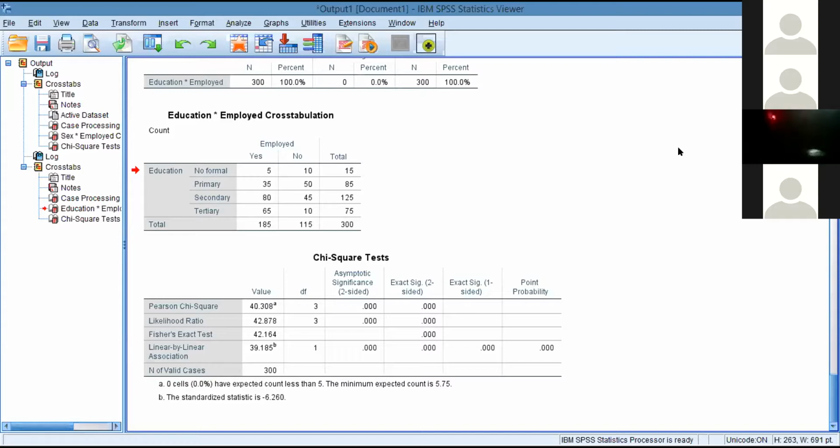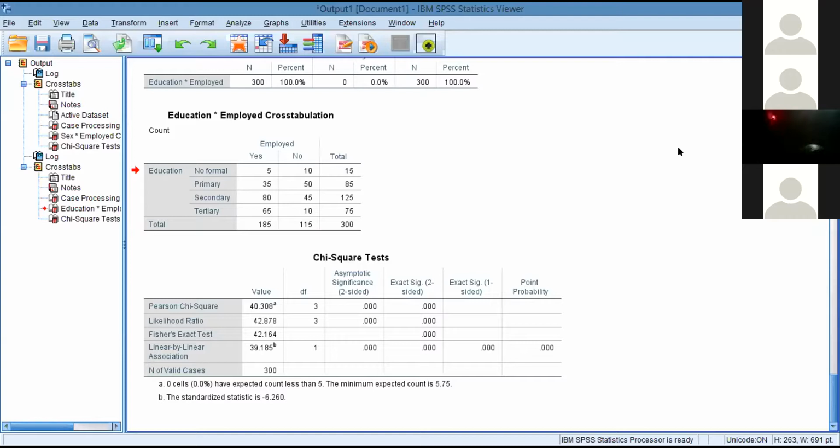It will tell you the number of cells that have expected count less than 5. There's none, that's why it says 0, which is 0%. If it were 1, it would tell you 12.5%, because 1 cell out of 8 is 12.5%. If there are 2, it will say 25%, because 2 out of 8 is 25%.